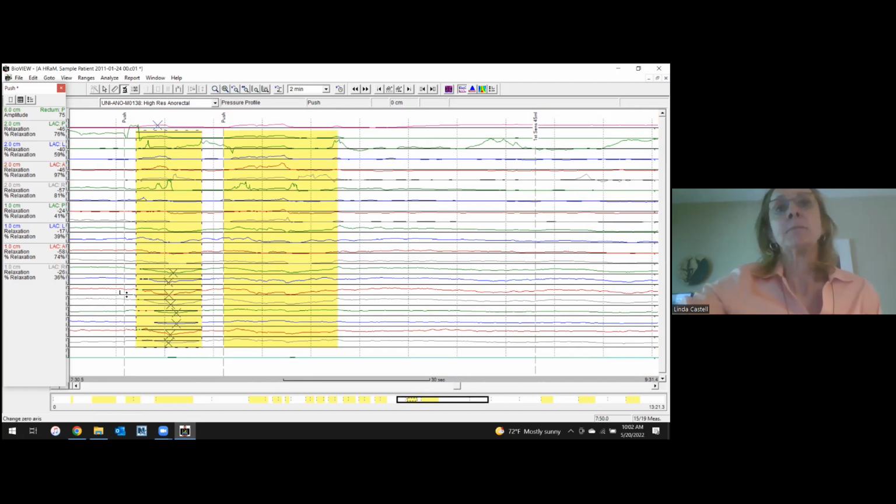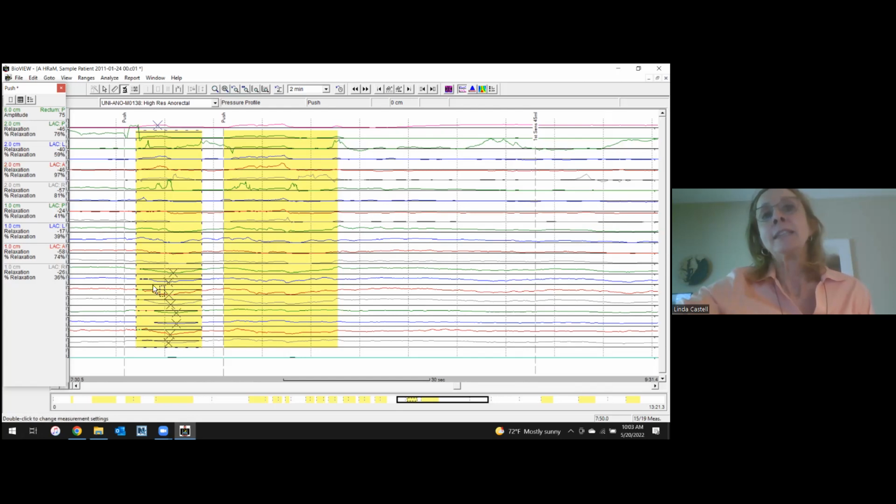Some of your patients, when they push, what they'll do is initially they'll squeeze because they're trying to figure out which muscle to relax. So the waveform will go up, and then they'll say, oh, no, I need to relax it. So they relax it. And then you tell them, okay, relax. And then there's a rebound. There's a second spike. So it goes up, the muscle contracts, the muscle relaxes, and then there's a rebound.